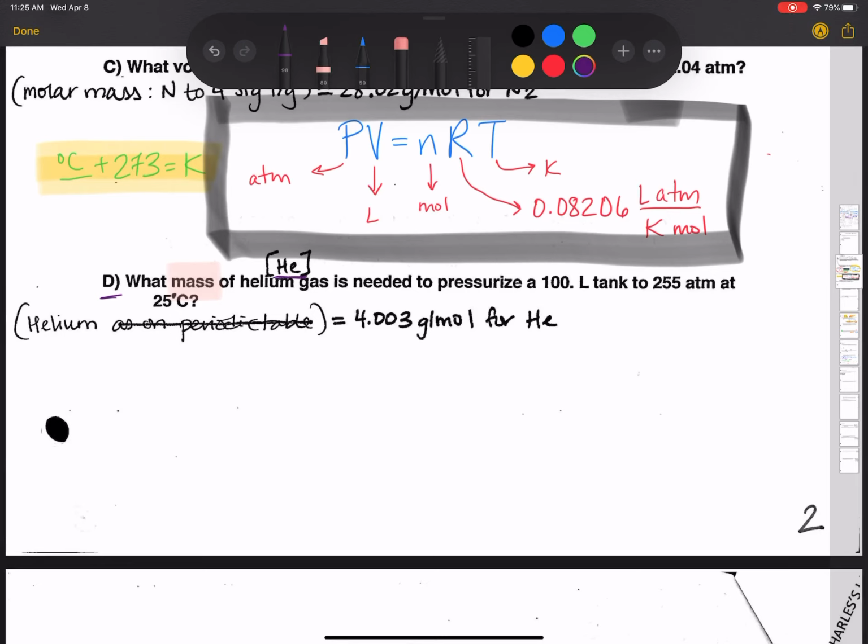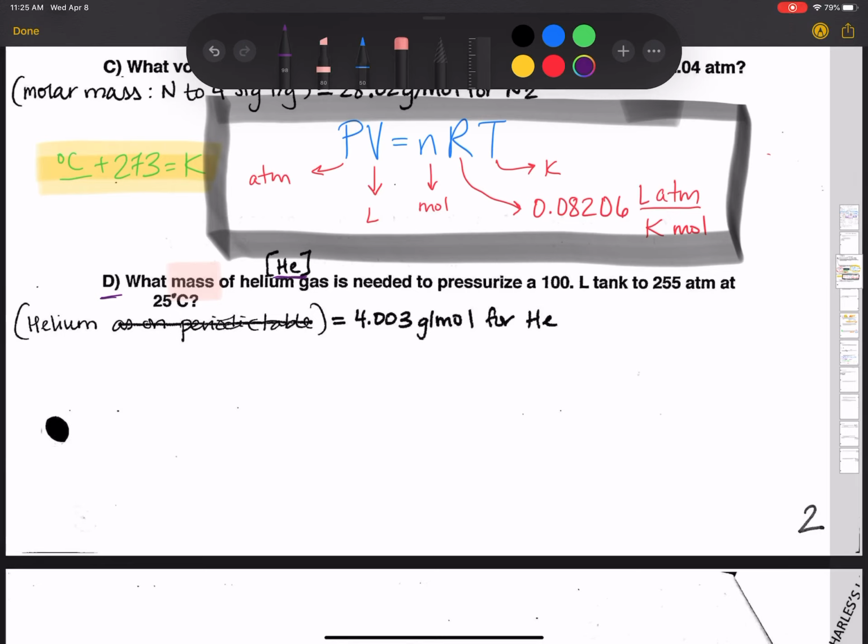So what mass of gas is needed to pressurize a 100 point liter, that is my volume, a 100 point liter tank to 255 ATM. 255 ATM is my pressure at 25 degrees Celsius. So 25 degrees Celsius is my temperature.